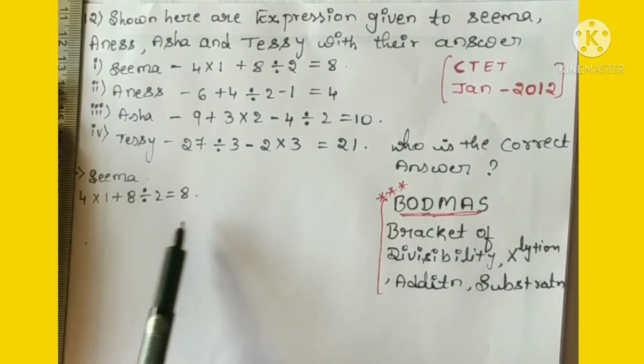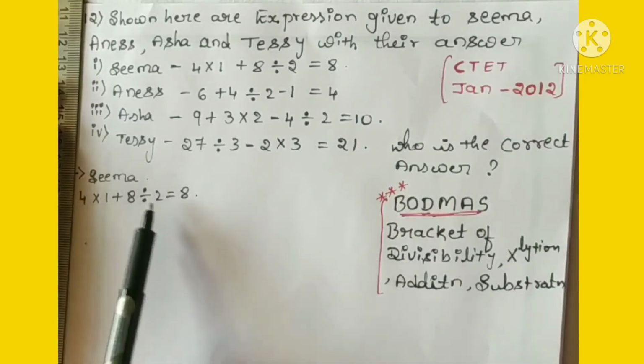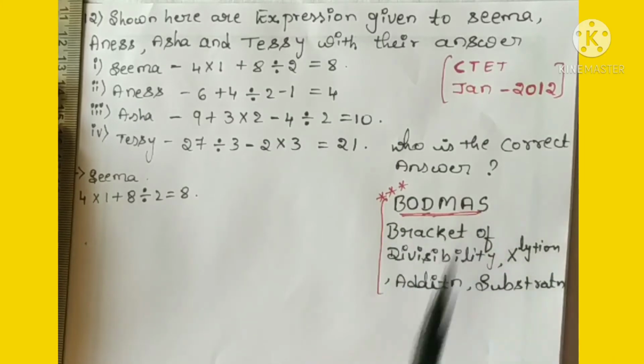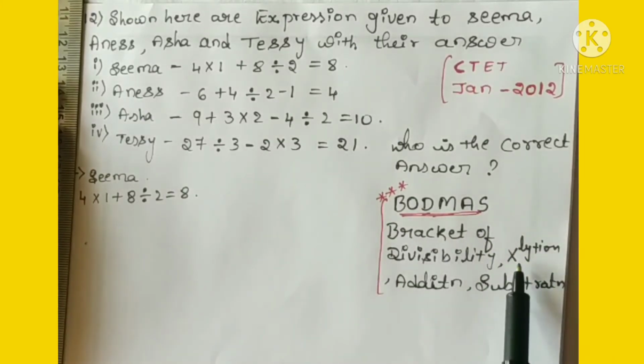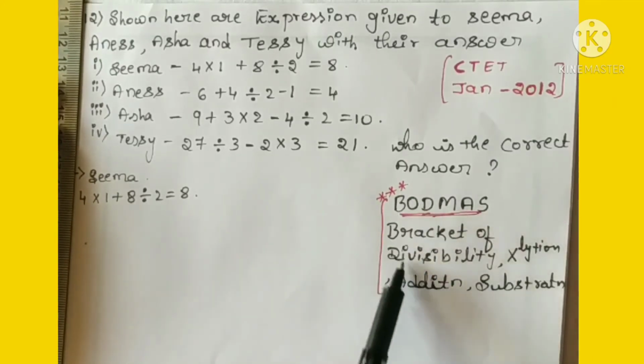Before going to check this equation, we have one rule, that is BODMAS, which means bracket, of, division, multiplication, addition, subtraction. It means first we have to solve division, then we go for multiplication, then we go for addition, and finally we go for subtraction. Now I apply this rule for this equation.